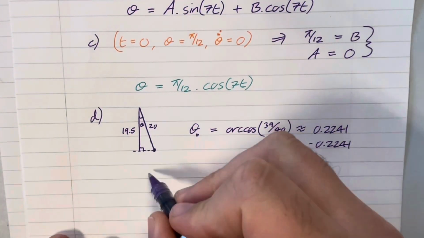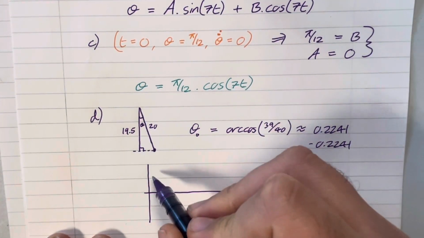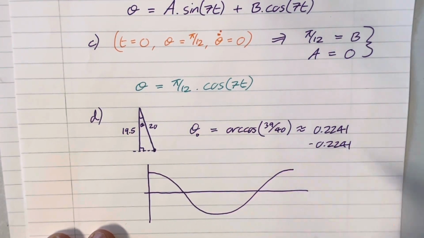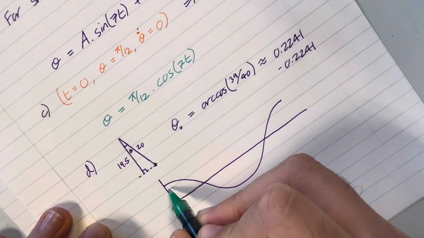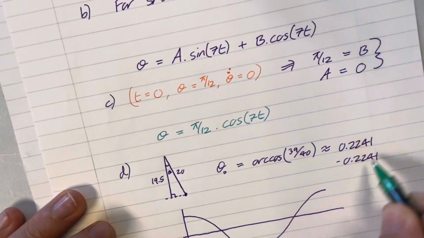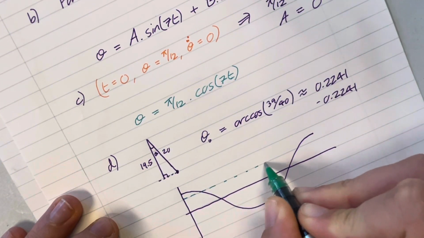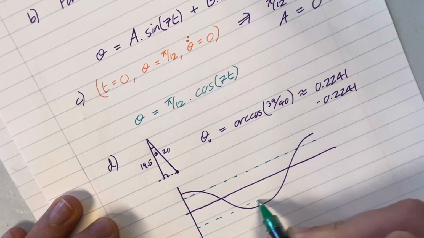So what I'm essentially looking for is on my cosine curve in one period of motion, which will look something like that. That's one period. I'm looking for the times when theta is less than this kind of critical value. So let's pop that up there and one down here as well.